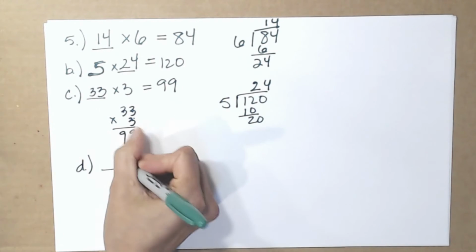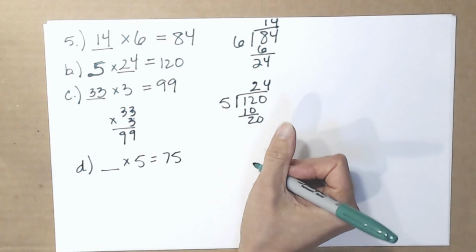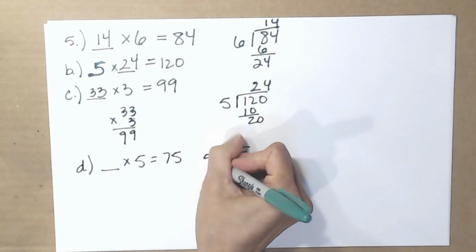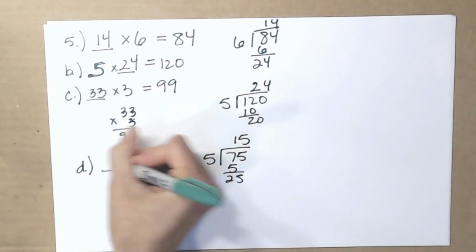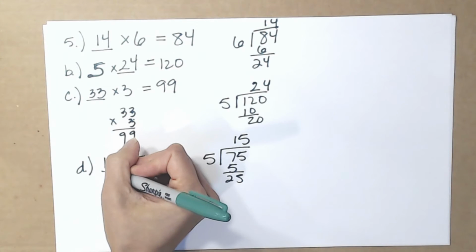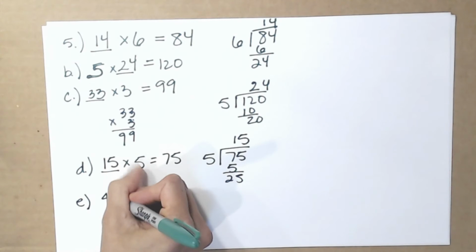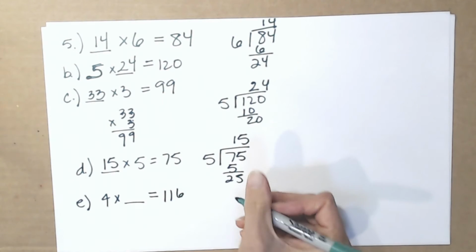D. Something times 5 is 75. So if you don't know what that is, divide it out. 75 divided by 5, 15. E. 4 times something equals 116. I don't know what that is.